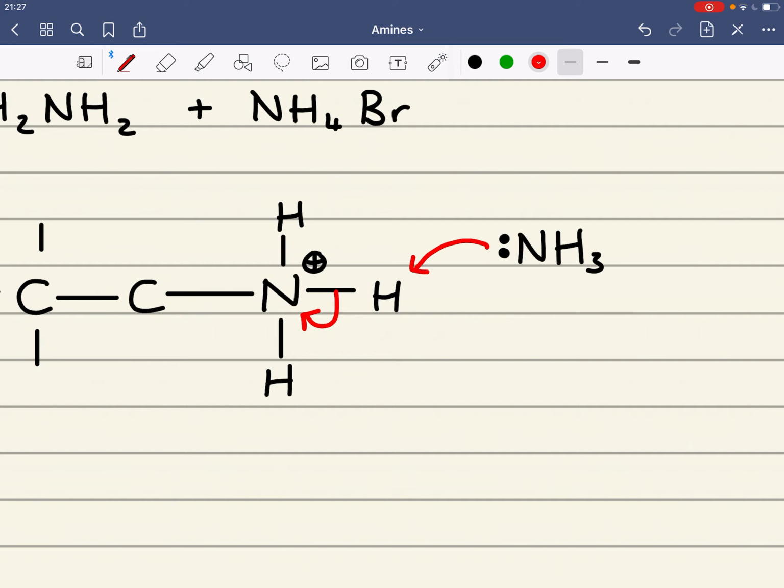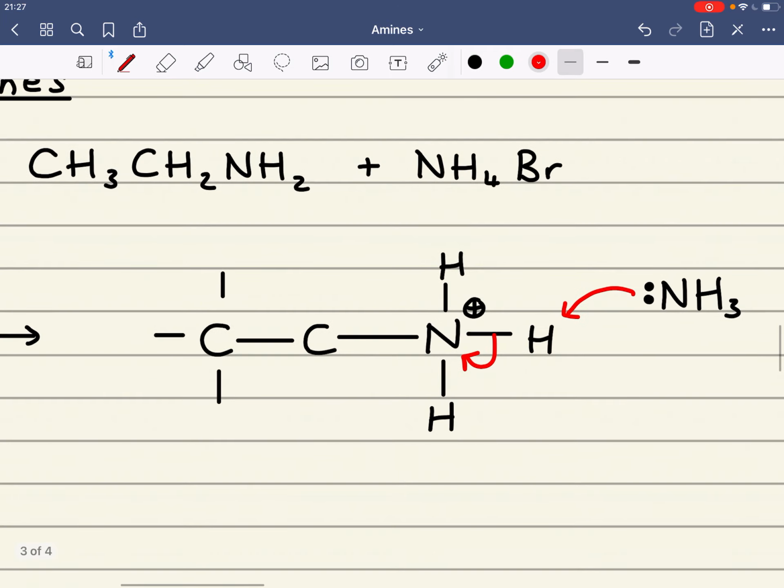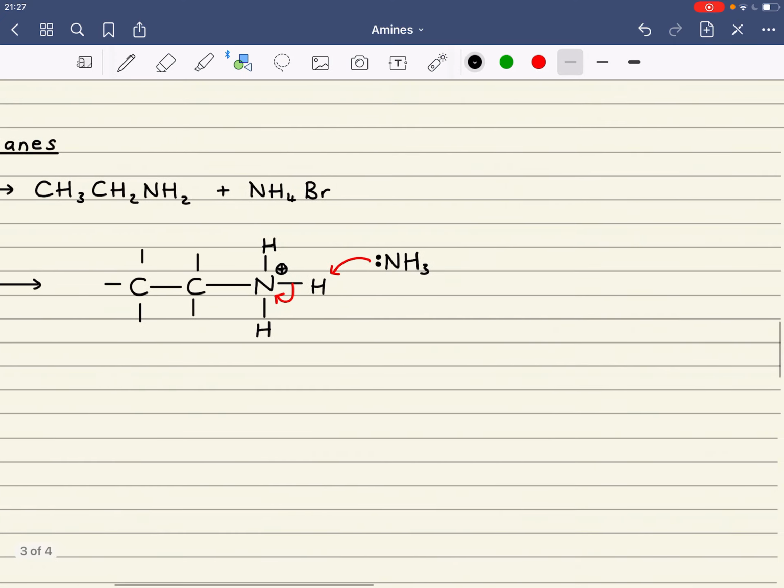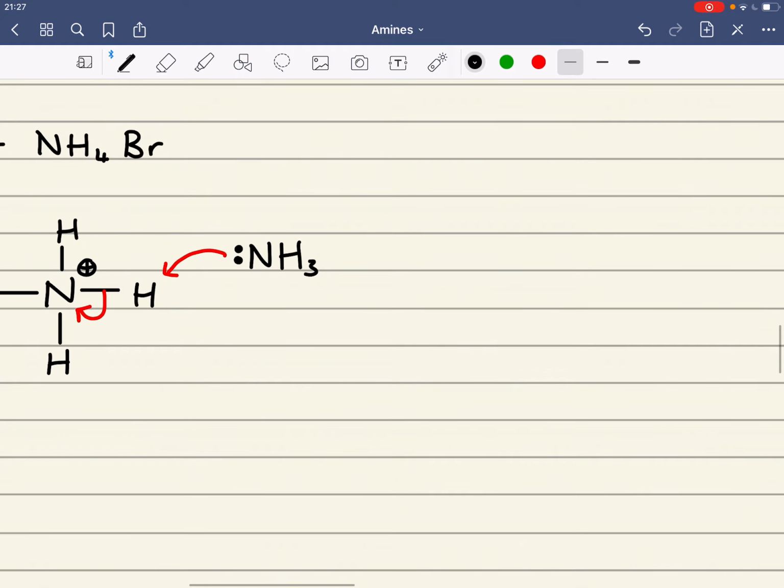It must be said that this step is not actually a marking point. It's simply this curly arrow which is required. And that will reform, will form the primary amine.